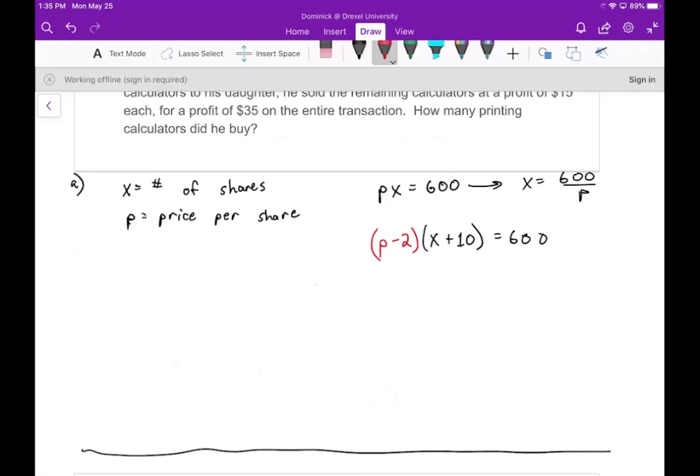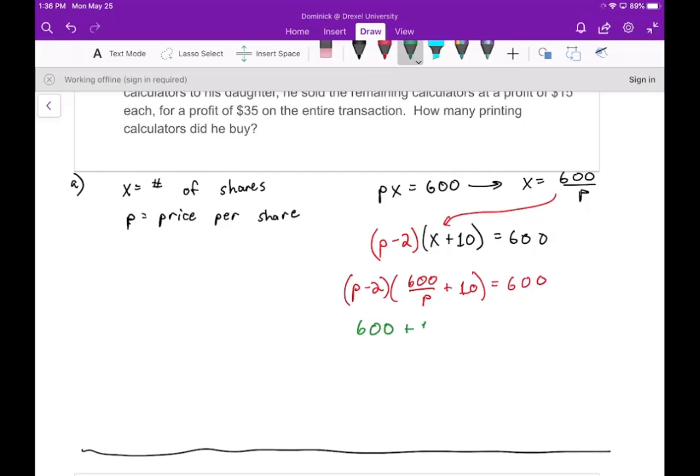So now if we plug this into here, we're going to get P minus 2 times 600 over P plus 10 is equal to 600. So now if we FOIL, P times 600 over P is just 600.